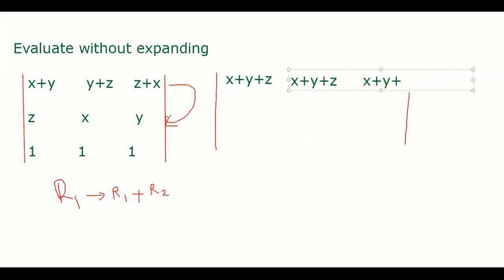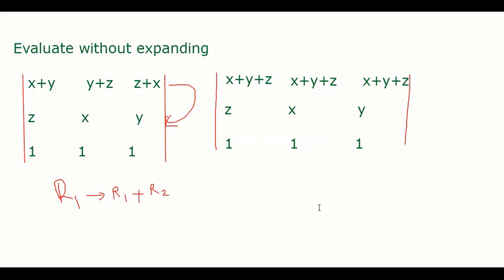Row 2 remains the same, no operation is done on it: z, x, y. Row 3 is 1, 1, 1.